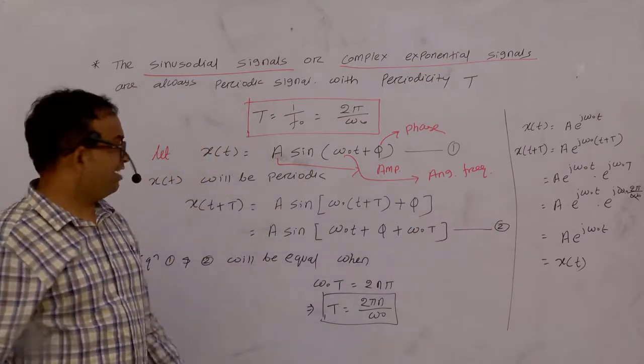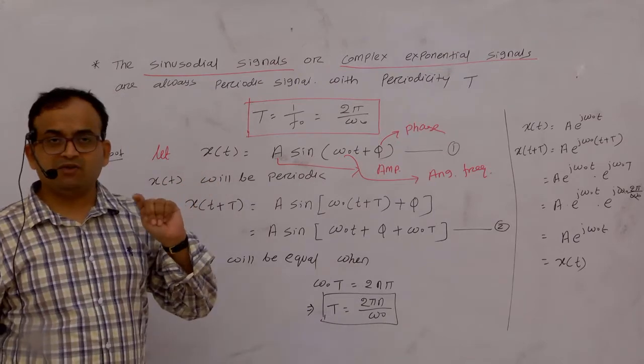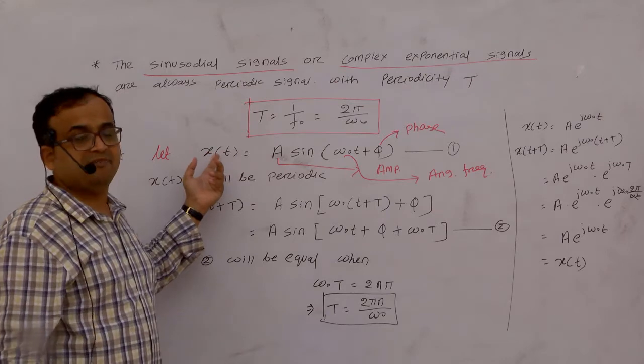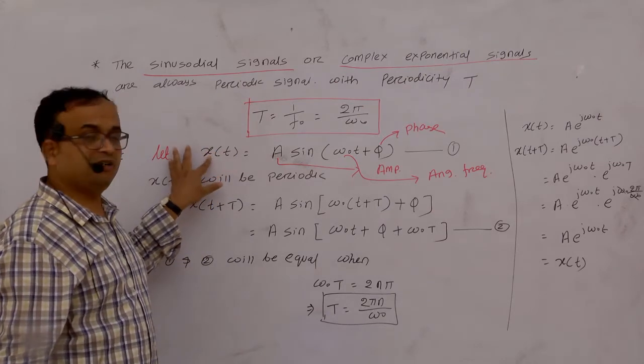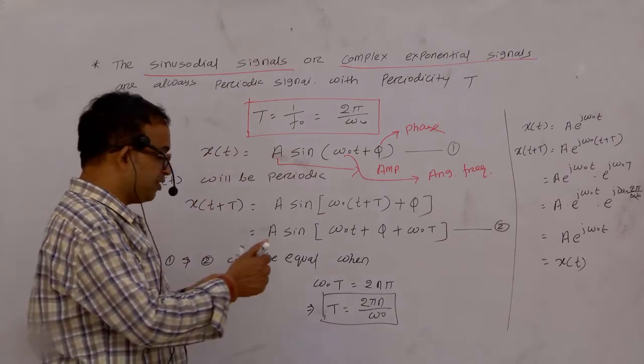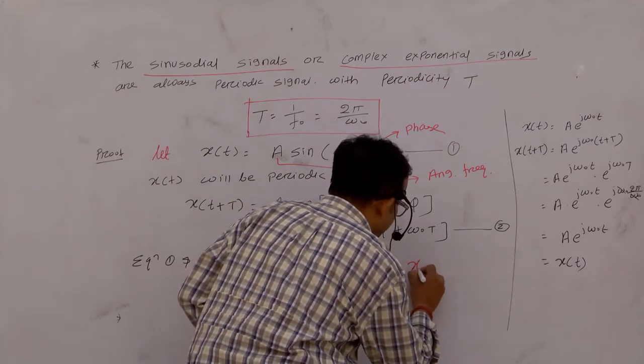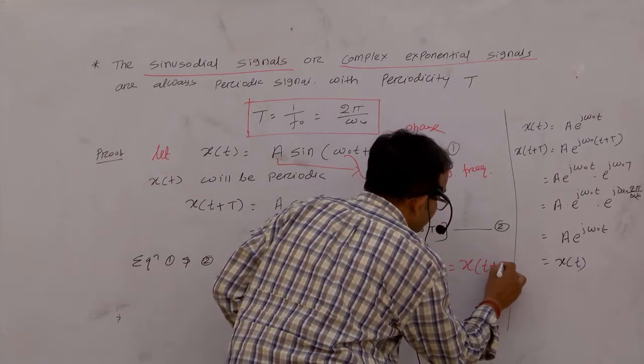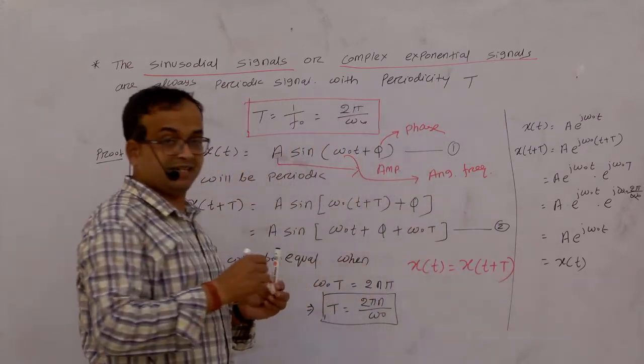Again, we have assumed that x of t is a periodic signal. So if x of t is a periodic signal, we can write x of t equal to x of t plus T. This is the definition of the periodic signal.